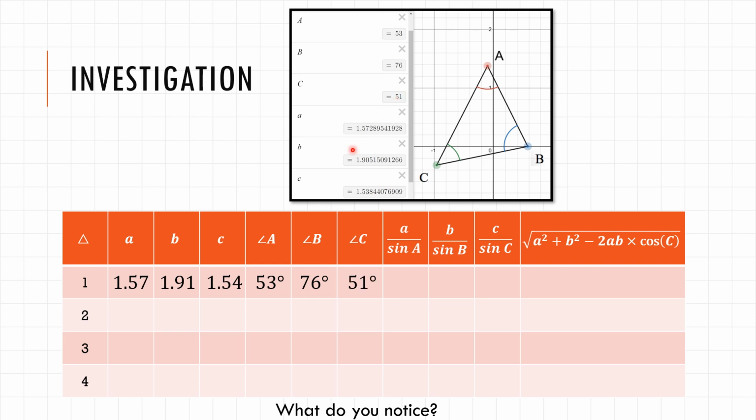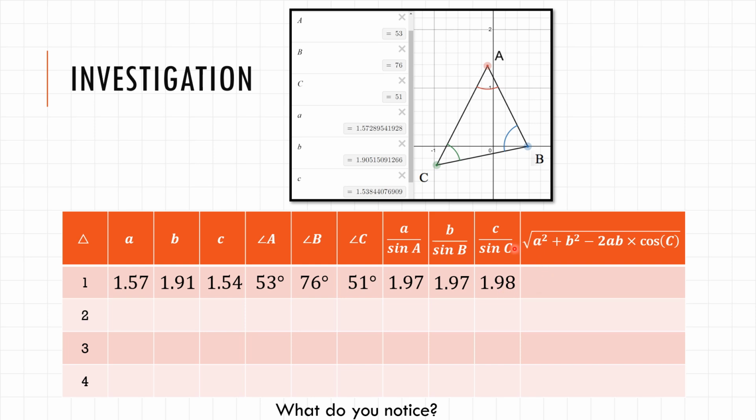And if I wanted to take 1.57 divided by sine 53, I get 1.97. If I take 1.91 and divide that by sine 76, I get 1.97. And if I take C, which is 1.54, and divide that by sine of angle C, 51 degrees, so 1.54 divided by sine 51 is actually 1.98.